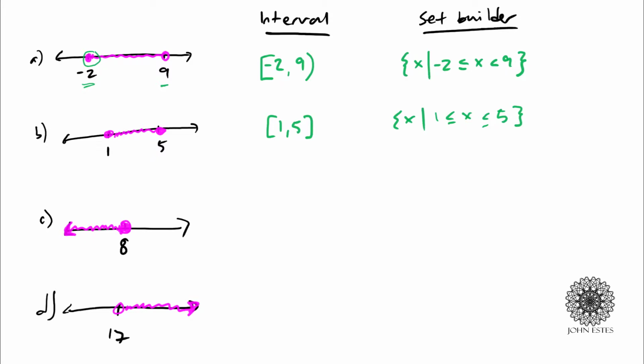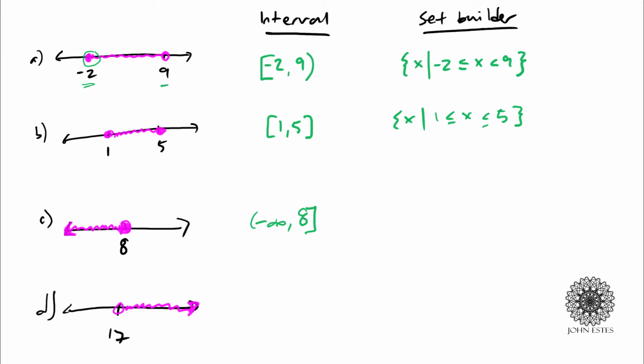Okay, for my third one here, notice I have an 8, but there's nothing on the left-hand side. So you can imagine there's no endpoint going in the left direction. The way we handle that is I say negative infinity up to 8, and I always put a parenthesis on infinity because you can never obtain infinity. And I get a hard bracket on my 8.